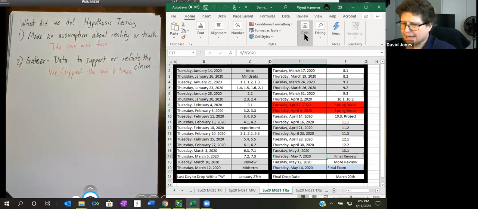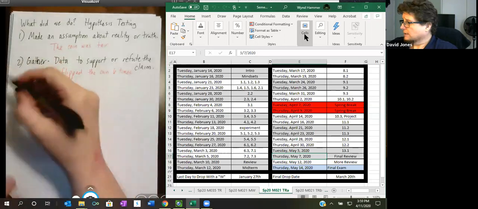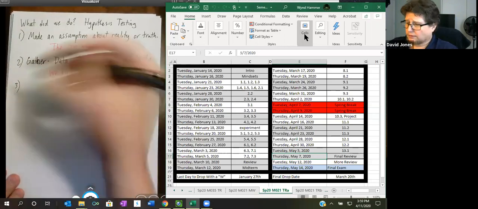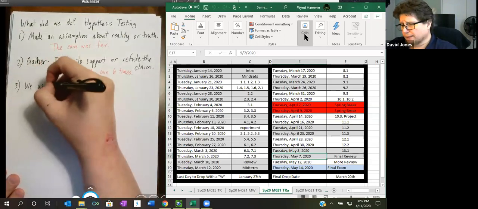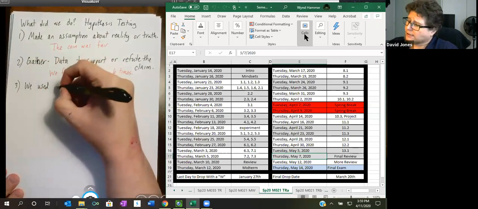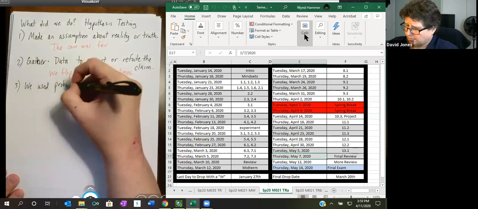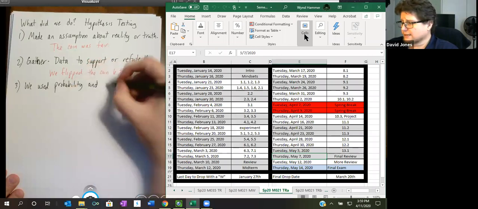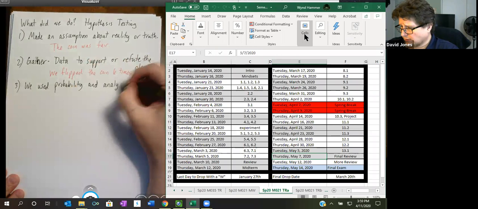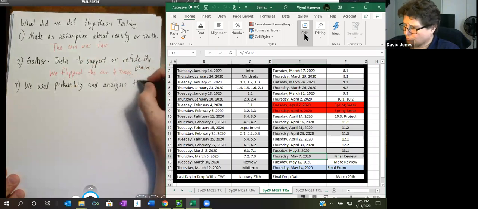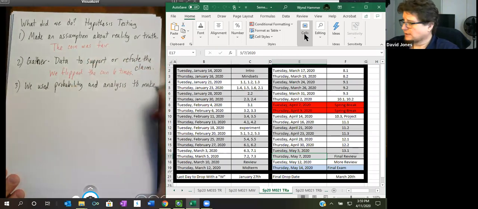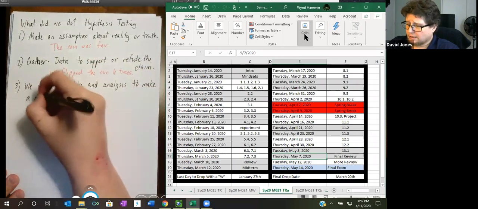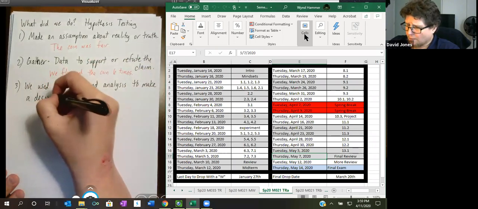And then finally, we use probability and analysis to make a decision about our assumption.